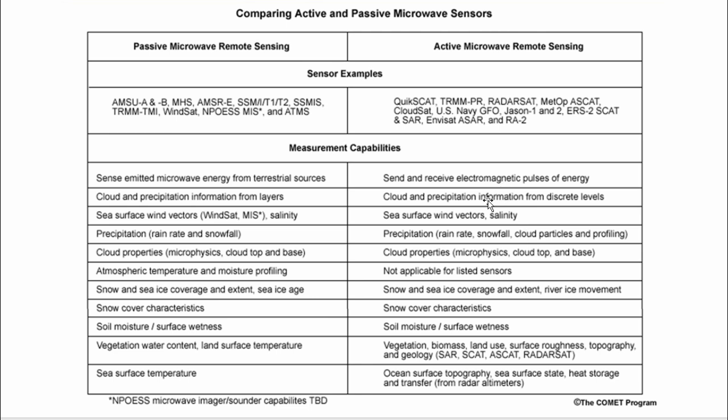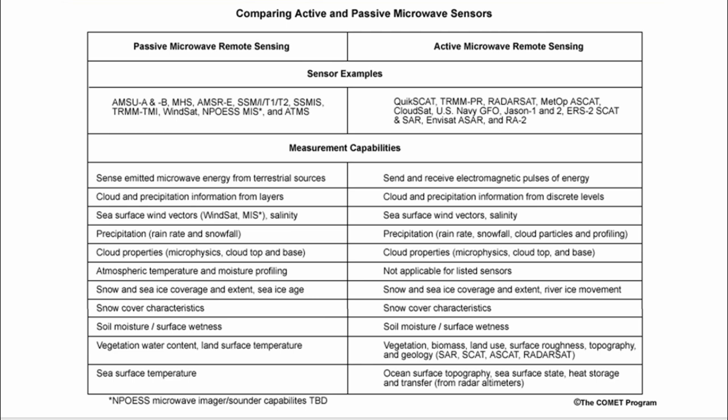And in the case of active microwave sensors, their information could come in discrete levels, because they send the pulse and then receive the signal in a discrete mode, so the returning information can also be like that.